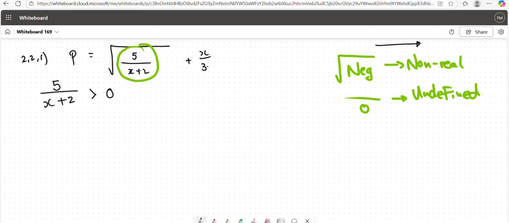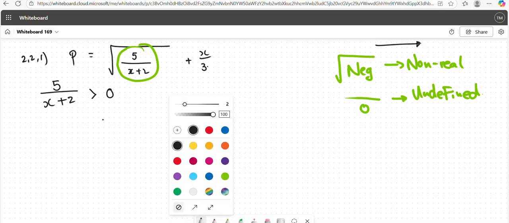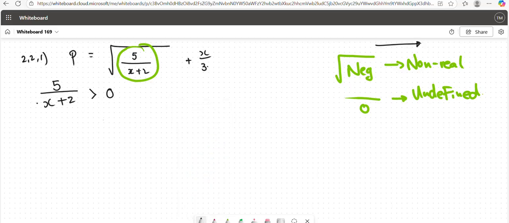All right, so what you do is you invert it. You take this to be at the top, and you invert the second one as well. But if you're inverting a 0, you're still going to get a 0. So essentially we're saying the x plus 2 needs to be greater than 0.